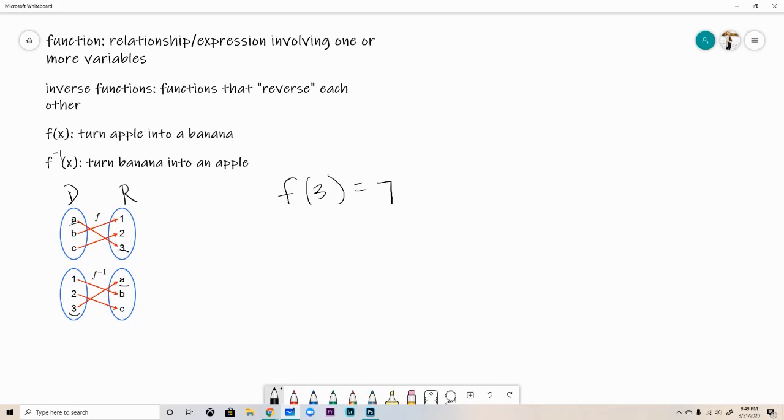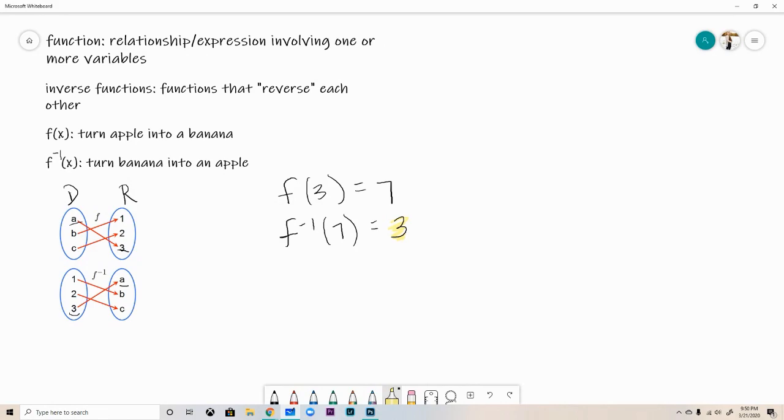So now, what is f inverse of 7? If we look at the mapping, we would just go backwards, so if we plugged in a 7, we should get a 3 out. So 3 is our answer there.